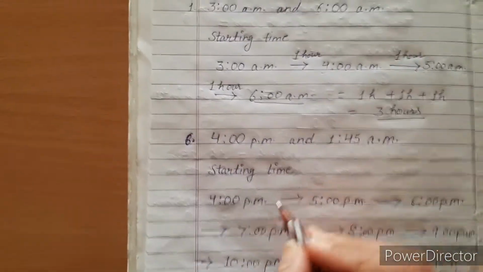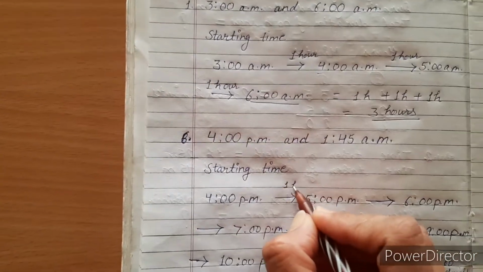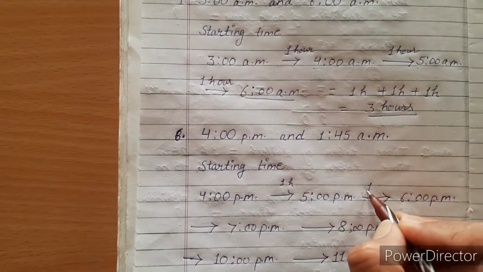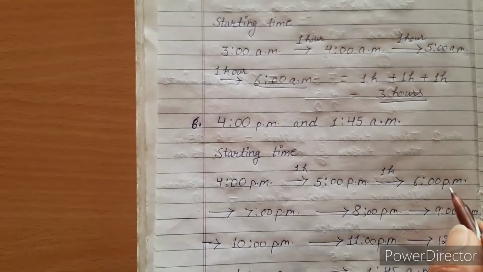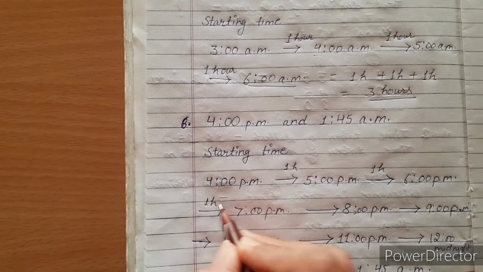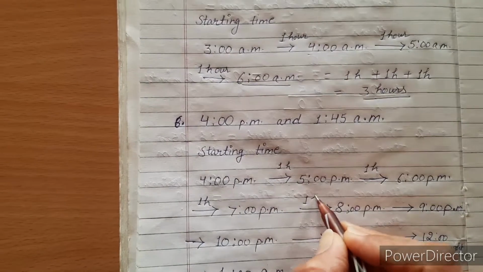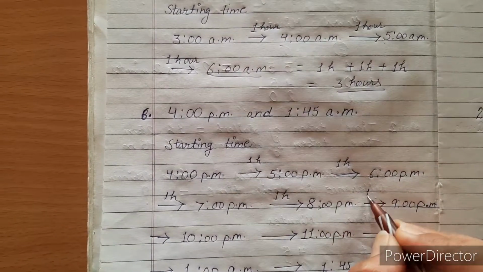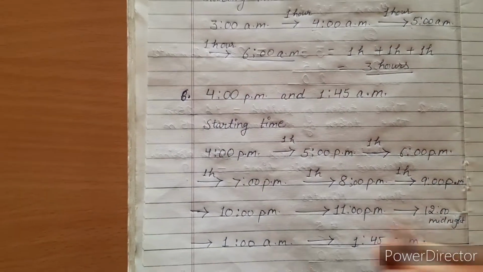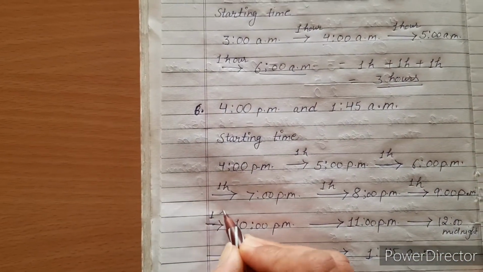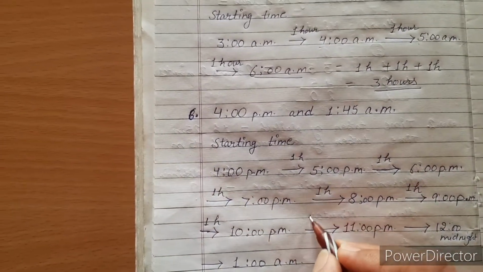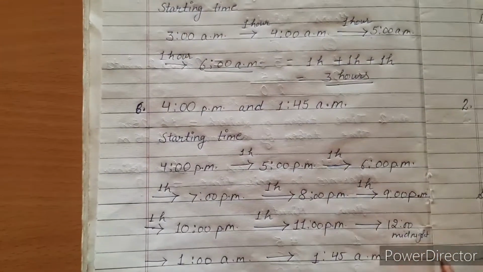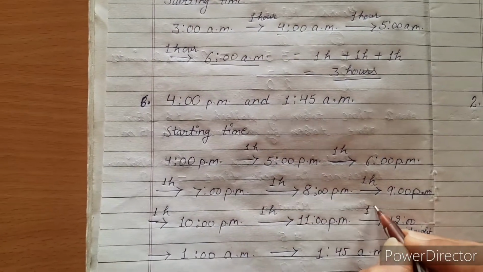So the time duration: 4 to 5 is 1 hour, 5 to 6 is 1 hour, 6 to 7 again is 1 hour, 7 to 8 is 1 hour, 8 to 9 is 1 hour, 9 to 10 is 1 hour, 10 to 11 is 1 hour, 11 to 12 is 1 hour.